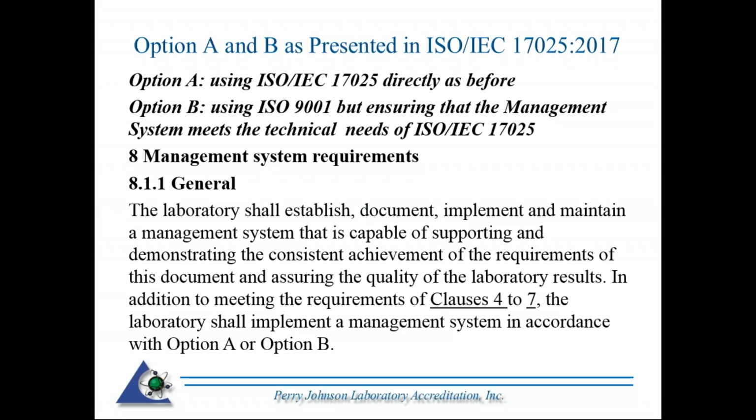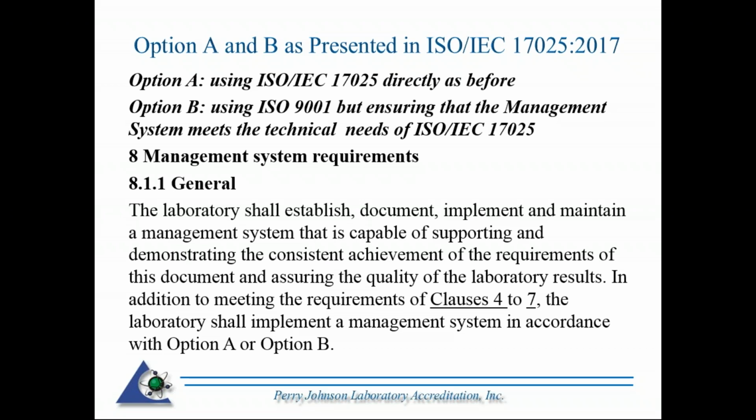Focusing on today's presentation, the first part pertains to option A and B as presented in 17025:2017. As you know, the standard was revised from 2005 in 2017. The official date of release was November 29th, 2017.